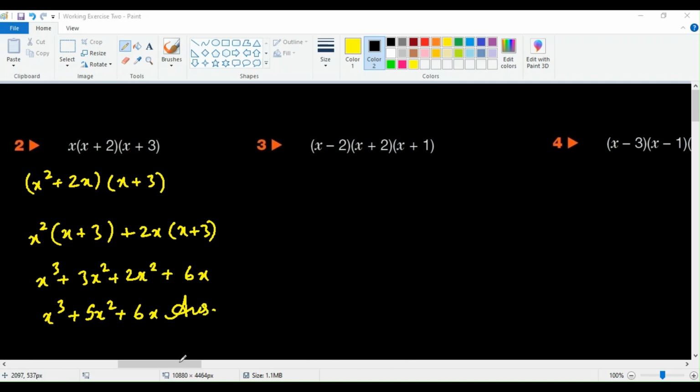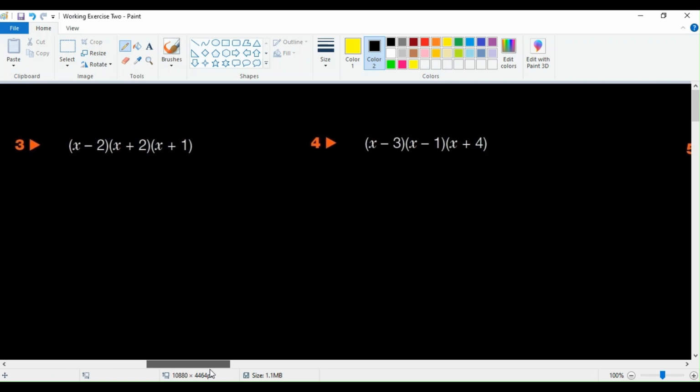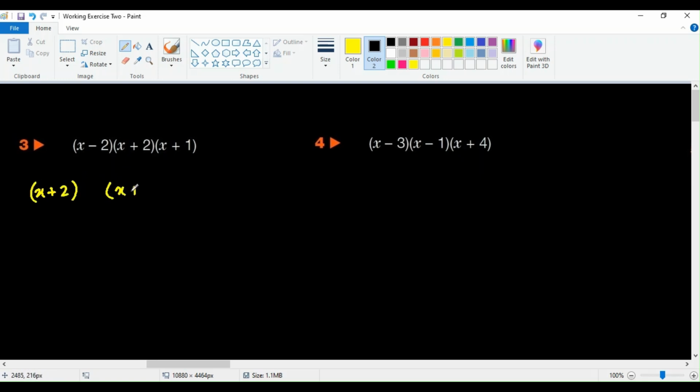Moving on to the next question. In here, first we multiply x minus 2 and x plus 2. So I will write x plus 2 two different times like this. But as a pattern, once you are working in your homework, assignments or exams, you must write this one along with the step that you're taking. x plus 2 is going to be multiplied by x minus 2 this way.